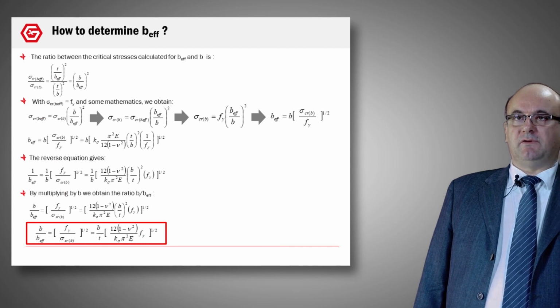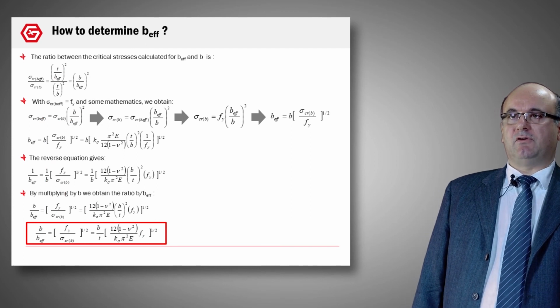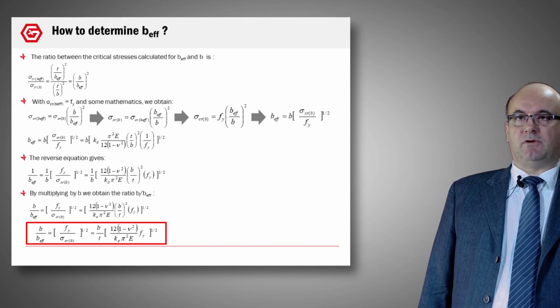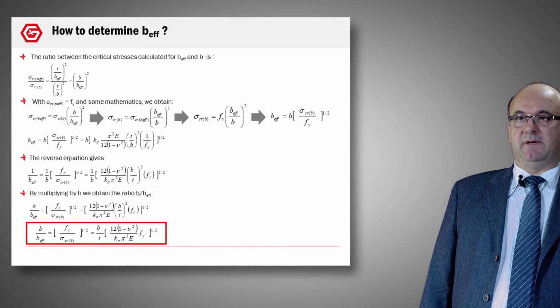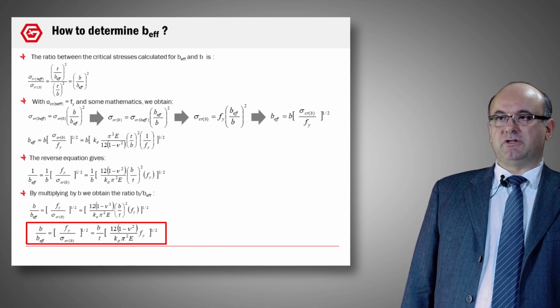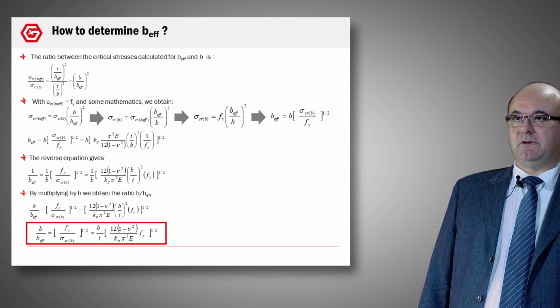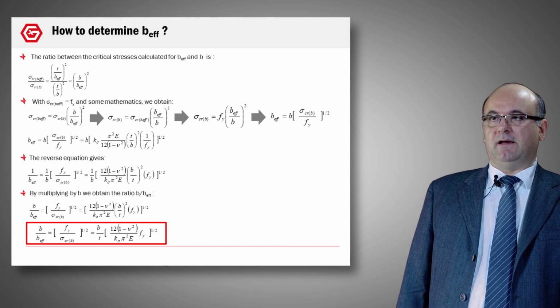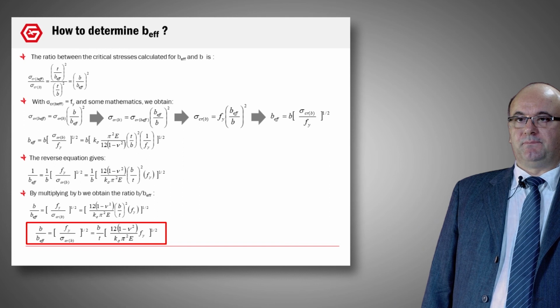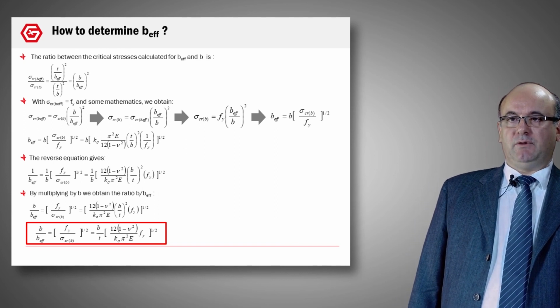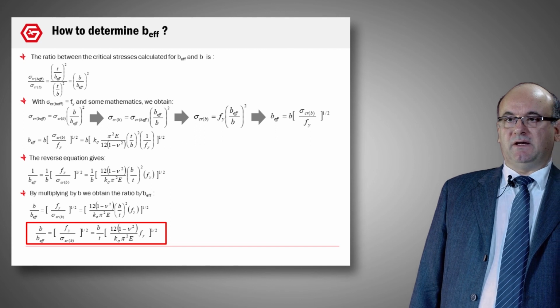In fact, what is interesting is the ratio between the critical stresses calculated for B effective and B, and here you can see this formula. By some mathematics, we obtain an expression of B effective that is equal to B multiplied by the ratio sigma critic of B divided by Fy, and we take the square root of this. We take the reverse equation of this expression, and if we multiply by the ratio B divided by B effective, we obtain this expression.